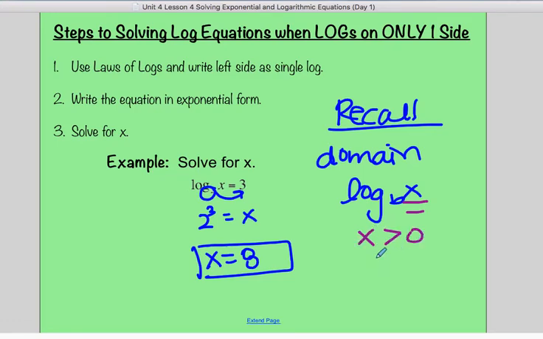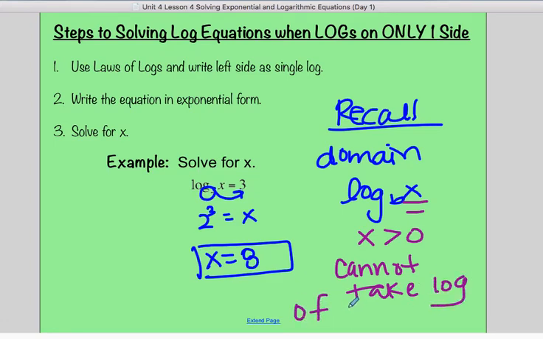You cannot take a log of zero or negative numbers. So you just need to be careful with the domain. After you get an answer, always ask, is it positive when I plug it back in? It has to be. So if I take 8 and plug it in, that would be fine.